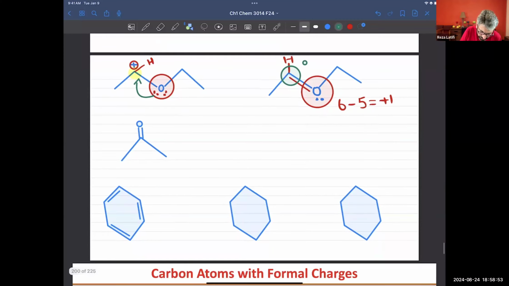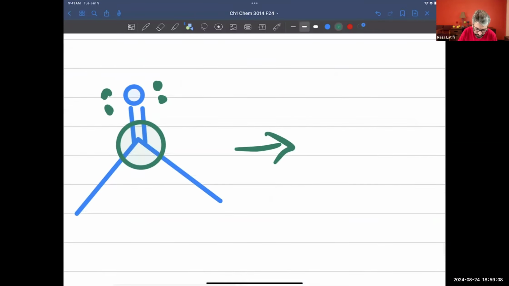Next, I have oxygen that is not octeted, so I'm going to add 2 lone pairs to it. This carbon is octeted, it is happy. So what do I need to do? Is there any way to steal those 2 electrons and give them to oxygen? Yes, it's possible.